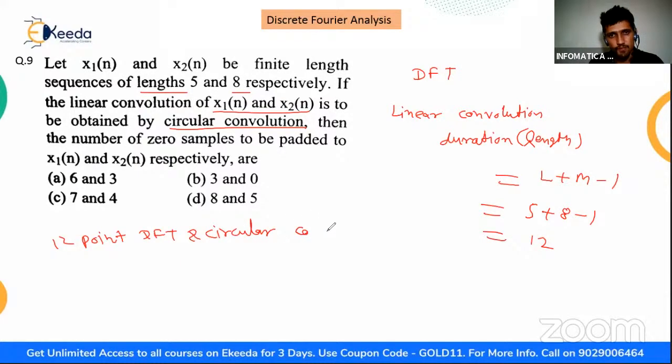So what we will be doing is zero padding. Here we will add 7 zeros, and here we will add 4 zeros. Then we will easily be able to calculate the linear convolution using the circular convolution of these padded sequences.